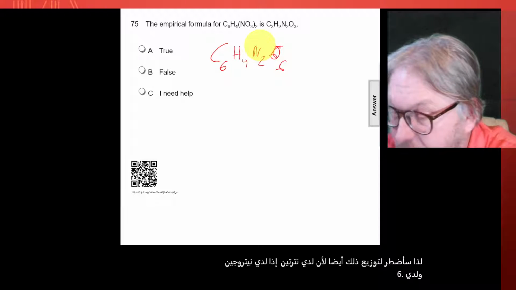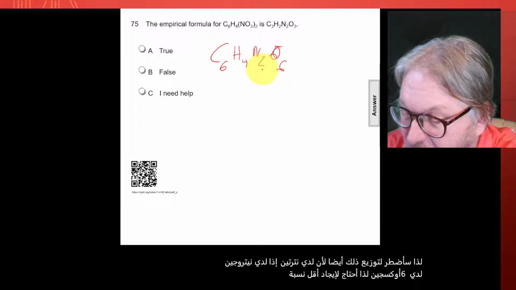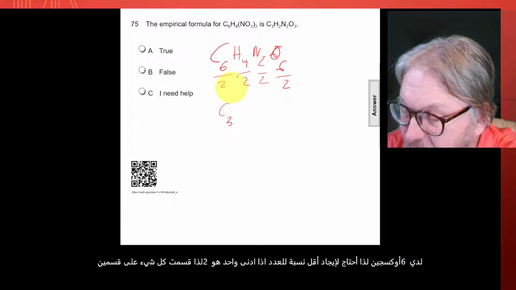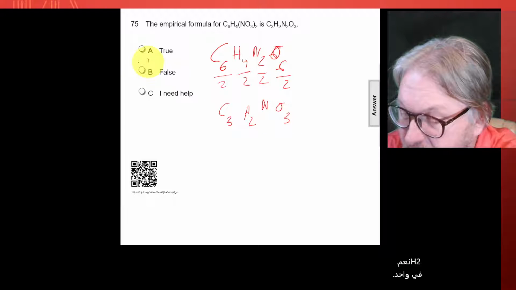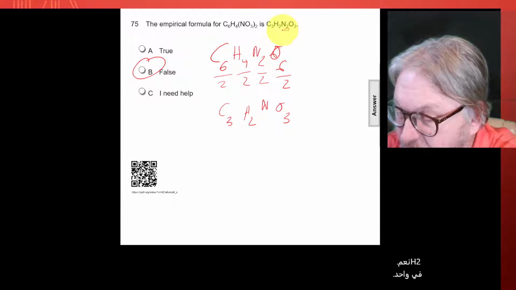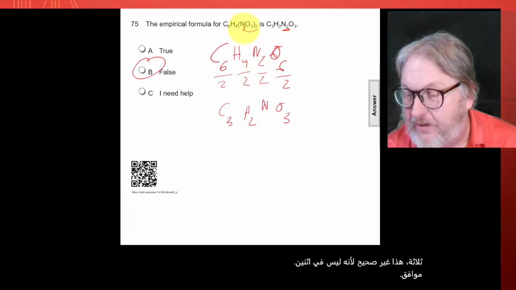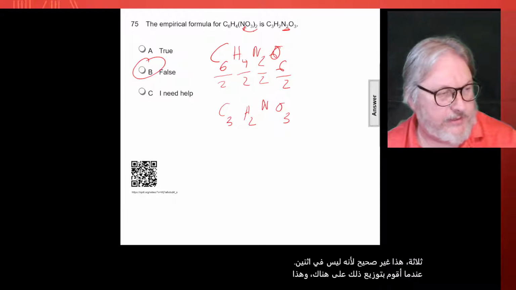So I need to find the lowest whole number ratio. My lowest one is 2, so I divide everything by 2. That's going to give me C3, yep. H2, yep. N1O3. That's false because it's not N2. When I distribute that 2 over there, that's N2, and that's the lowest one. So that would be false.